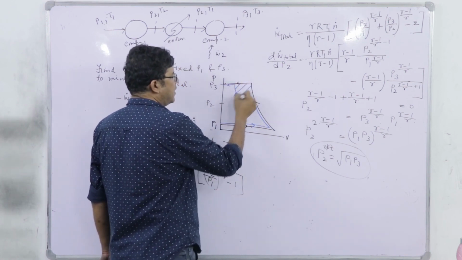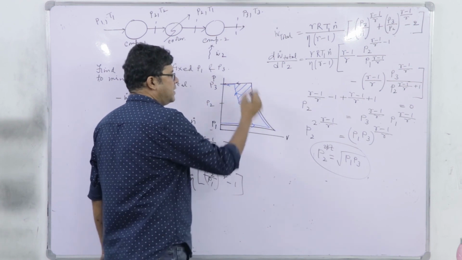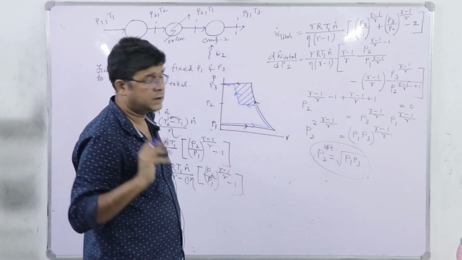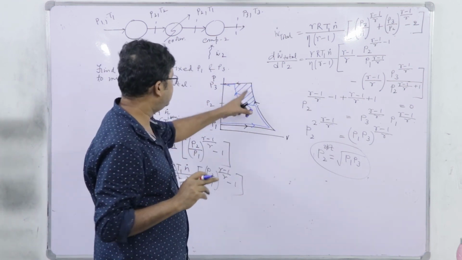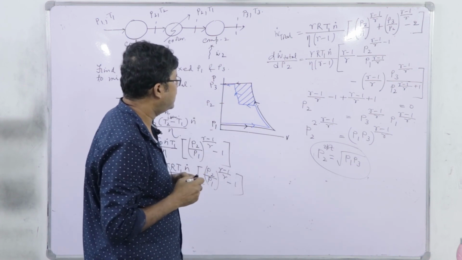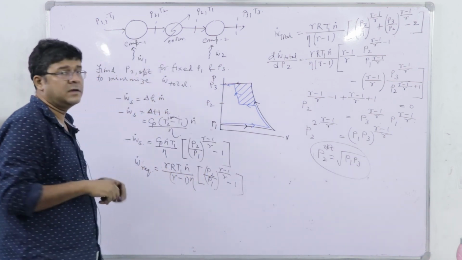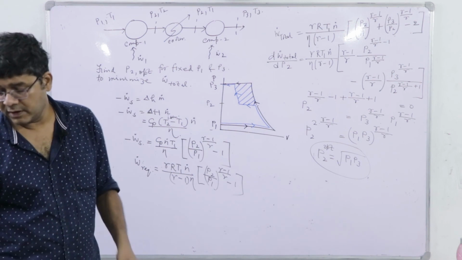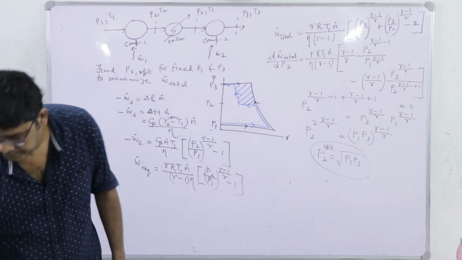So, this much amount of integral PV space, which is equivalent to work, you are saving, right? And that is the rationale behind using a multi-stage compressor with interstage coolers.